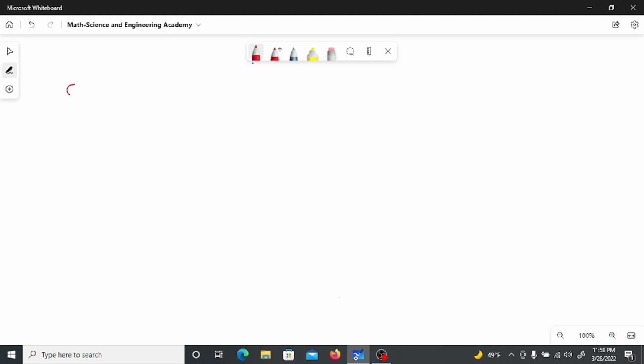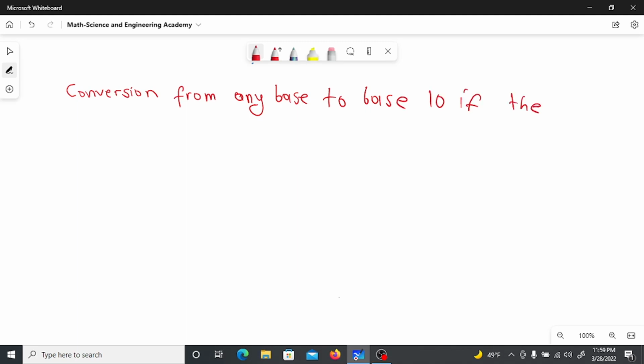Okay, let's try conversion from any base to base 10 if the number has a decimal place or fraction part.